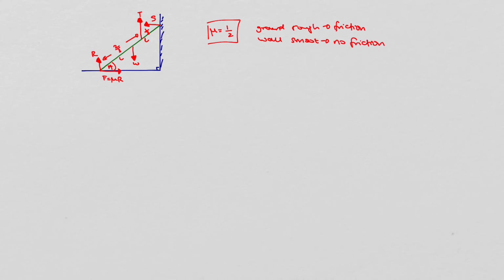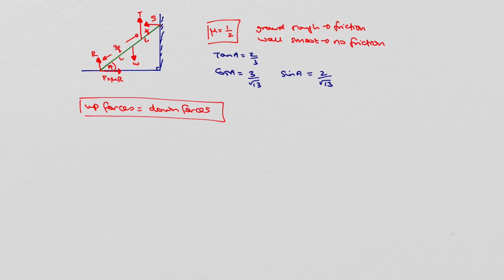And just carrying on from the first slide there, we remember that tan A was 2/3. We had cos A then, as a result, was 3/√13, and sine A was 2/√13. So again, setting up our three principles of our moments, we're going to have our up forces must equal our down forces. So that means that we're going to have R plus T this time is equal to our down force, which is our weight.